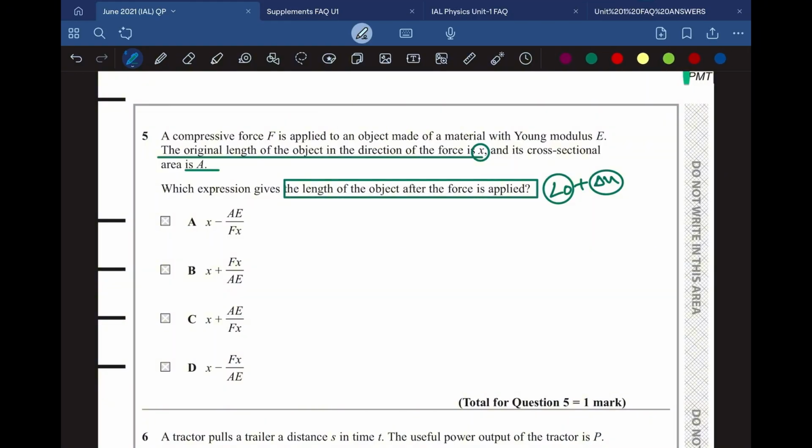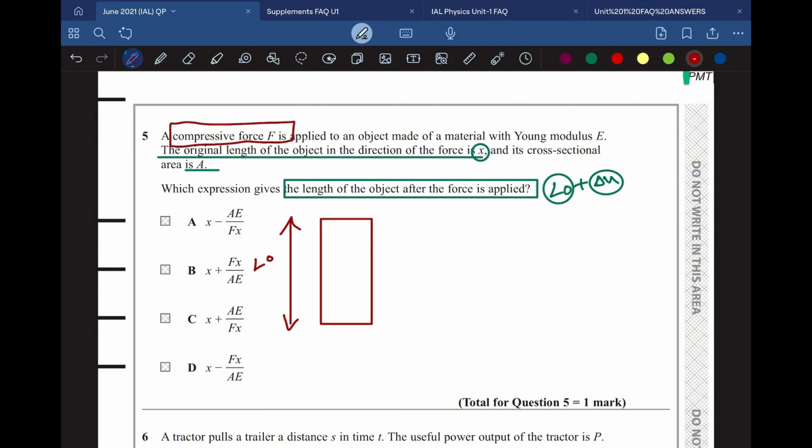Now let's discuss this part in detail. Let's take a spring right here. This is the length of the spring, which is, let's say, L naught. Now they have said a compressive force is applied. That means it will be compressed. Let's compress it right now.